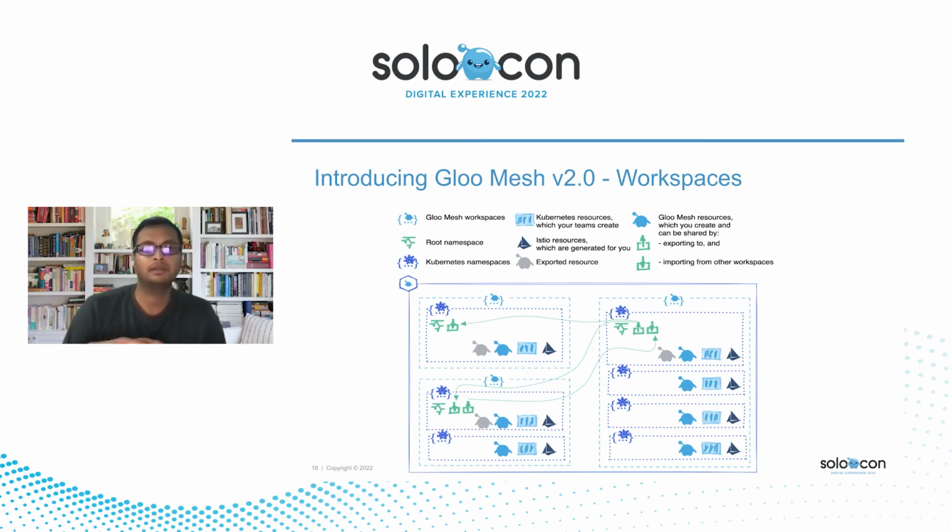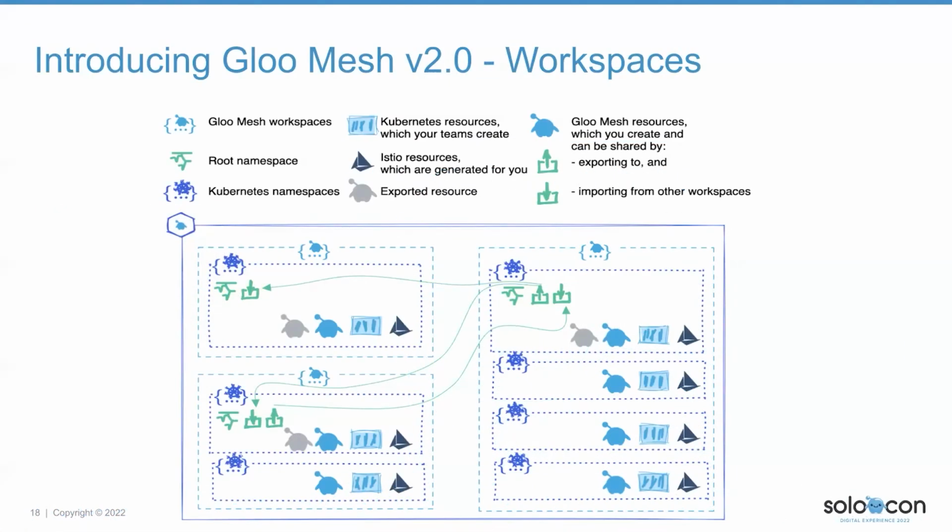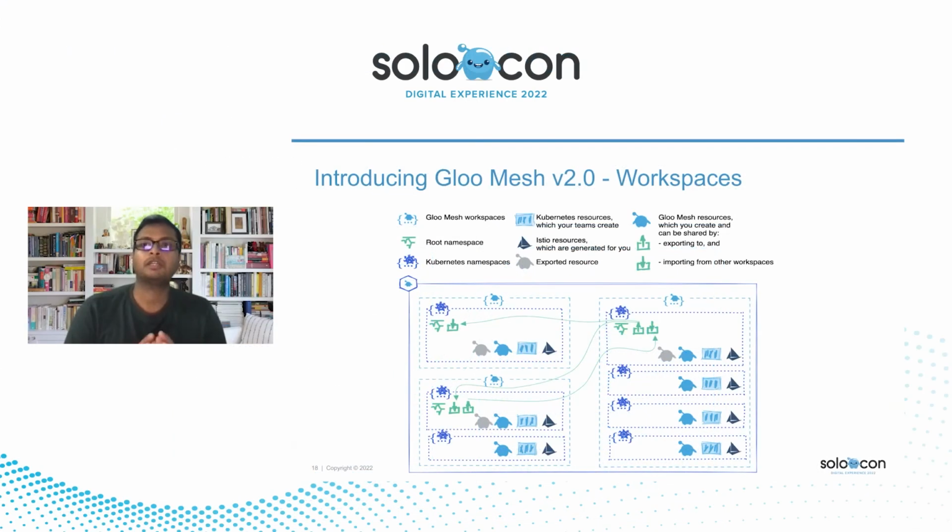It's just by design, because they are so powerful, they also have this limitation. So we wanted to create a logical boundary so that whatever Istio resources, whatever Gloo resources you create in that boundary will never affect outside that boundary unless you explicitly tell it to. And that's what a workspace is.